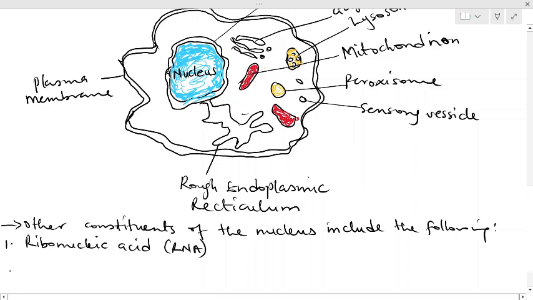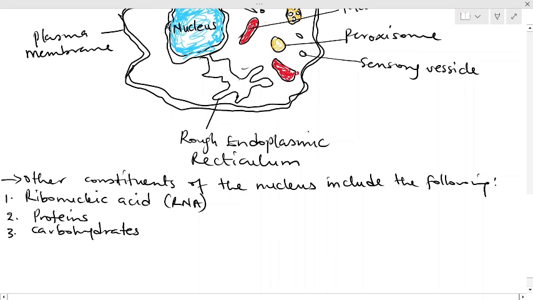Then you have the proteins still in the nucleus, then you have the carbohydrates. Then of course we have the lipids, among others.